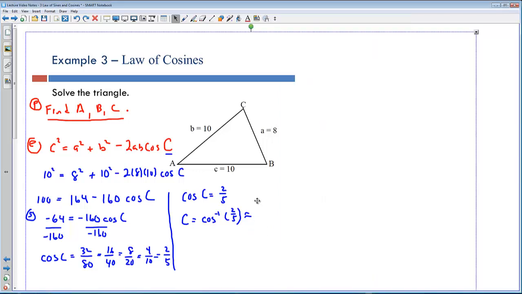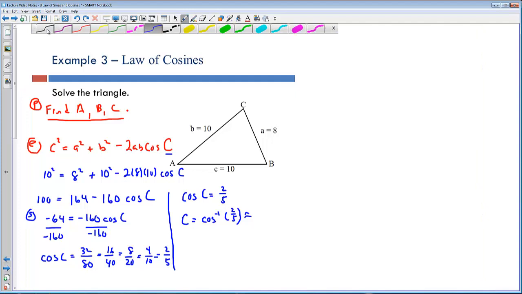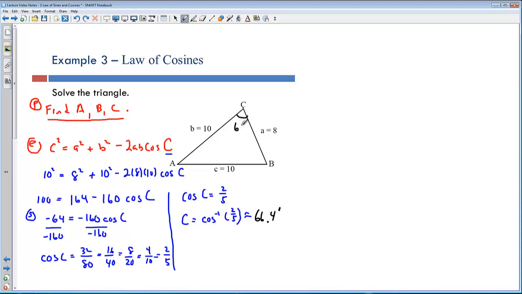So here we can say that this is about 66.4 degrees. So that's my angle C up here. It's about 66.4 degrees.